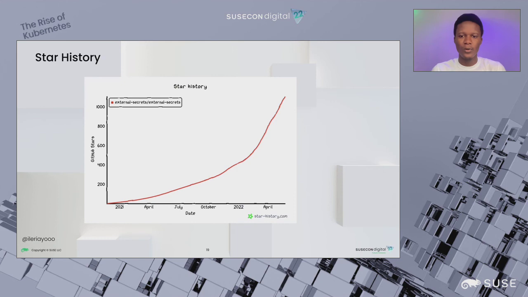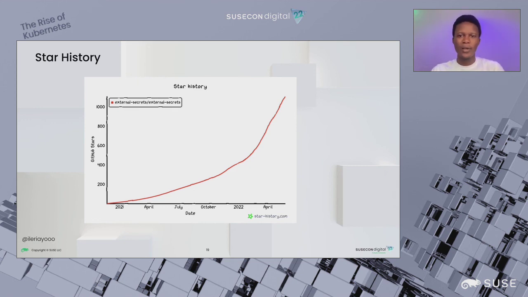And just some quick star updates. The ESO project is above 1,000 stars right now, and we're glad that a lot of people are beginning to talk about this. A lot of people are using this project, and a lot of people, of course, like this project.